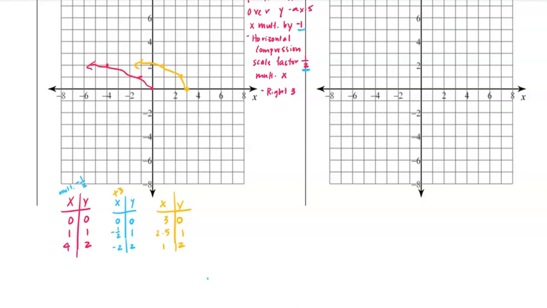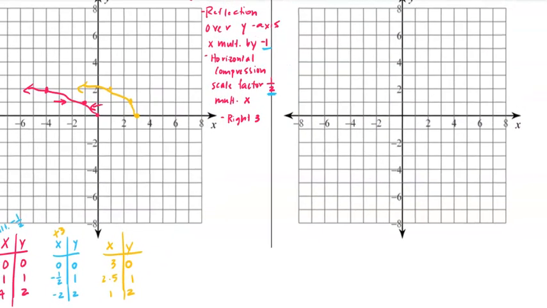You can clearly see those points got closer together. Okay, so you can see that it's a horizontal compression. When the distance between the different x's got closer together, that's why the scale factor was 1/2. Now, that's how you use those tables.